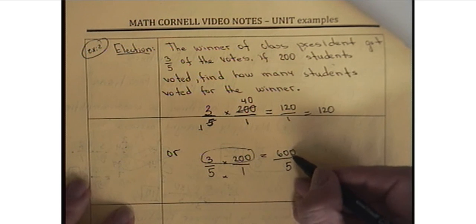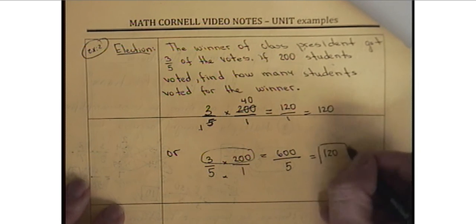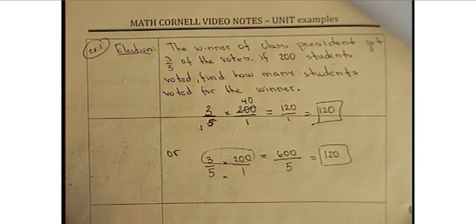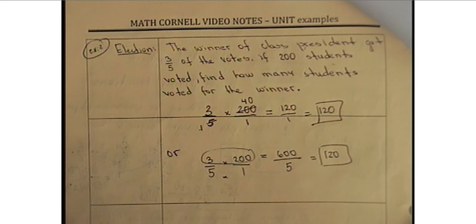Now if you divide 600 by 5, you're going to get 120 students. It's exactly the same answer, just two different methods. So 3/5 of 200 means 120 students voted for the winner.